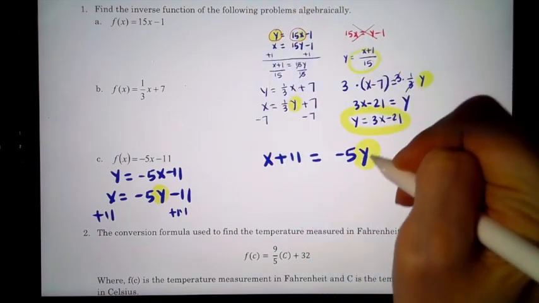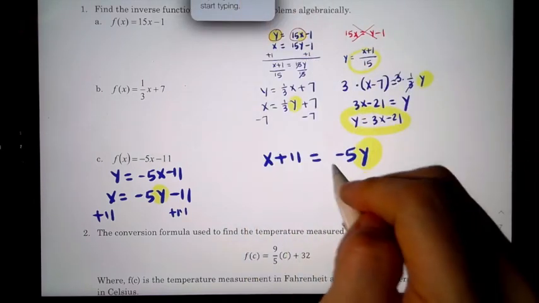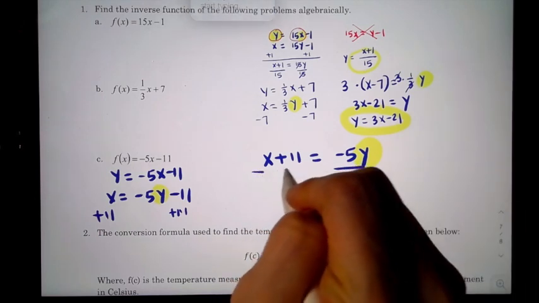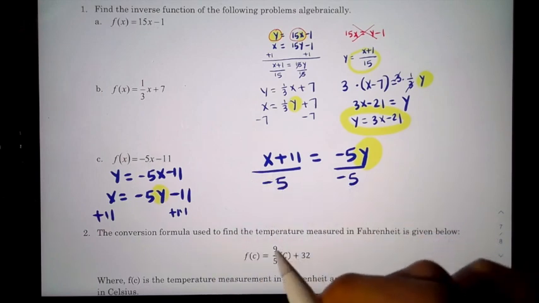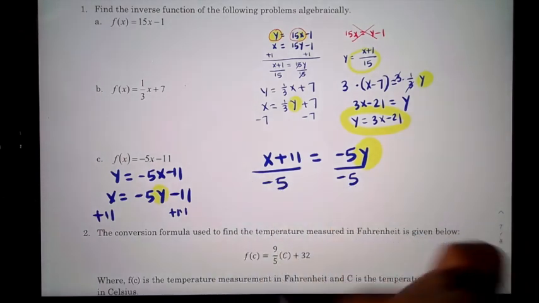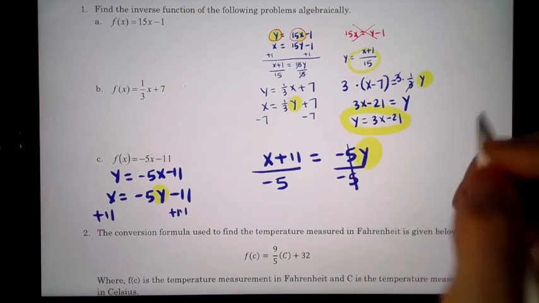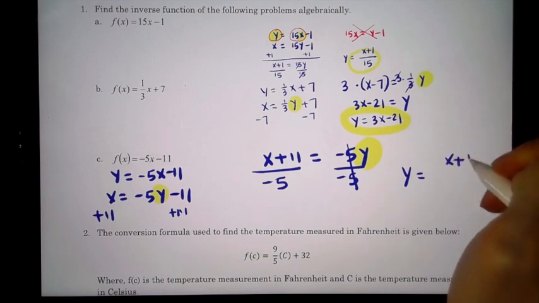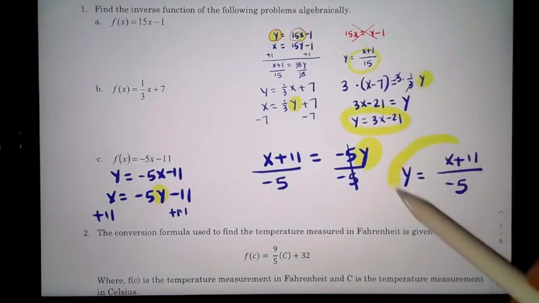And my y is right here. Let's get rid of this negative 5, so divided by negative 5, divided by negative 5. Don't forget that's the entire left side, not just x. And you cancel this. So my answer will be y equals x plus 11 over negative 5. Okay, so that's my answer for C.